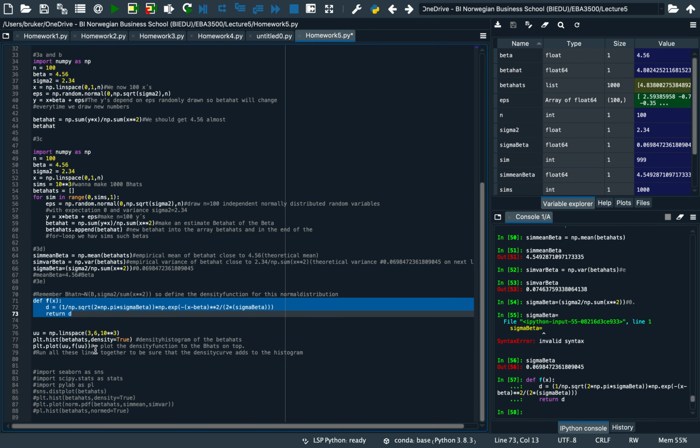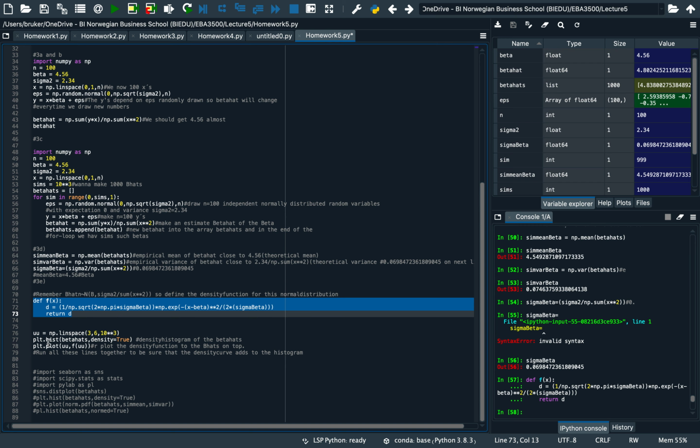And then I know that this beta hats has expectation beta, which is 4.56, and I know that I will get results when I estimate beta on both sides of 4.56, but not very far away from 4.56.